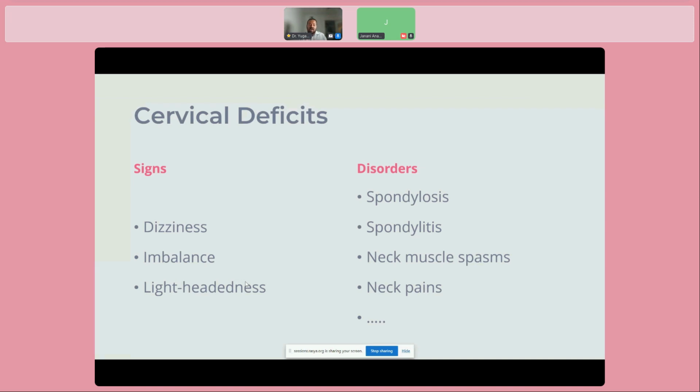This is very common in the young generation, especially in the IT sector, and nowadays even audiologists. We sit too much time in front of computers, right? So that can induce neck spasms and neck pains, and eventually can turn into spondylosis and other issues as well. So this is another major leading vestibular issue.